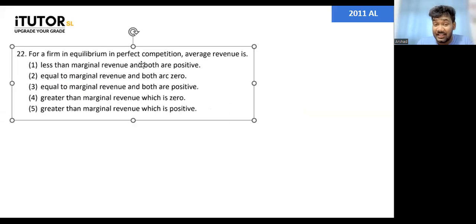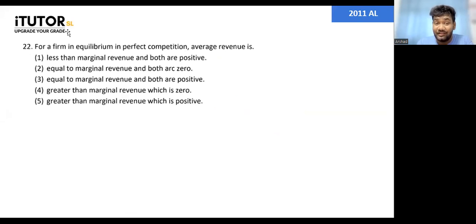For a firm in equilibrium in perfect competition, average revenue is... What is equilibrium in perfect competition? What is equilibrium? Now, in unit number 2, equilibrium is demand and supply cutting each other. That is equilibrium. So, what is equilibrium in perfect competition?